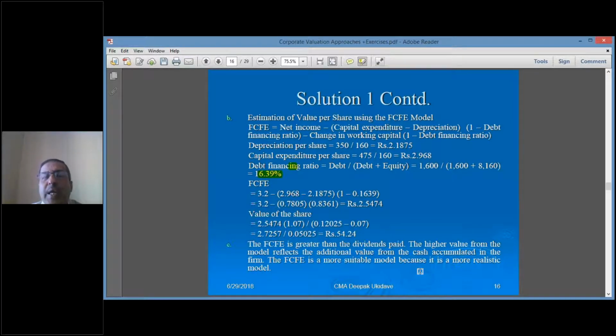I told you potential, you can write over here. I have not given it, but you can write, I'm dictating, that the FCFE model indicates cash flow generated from business as it is available to equity shareholders.